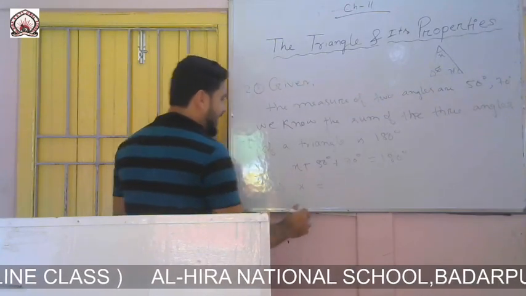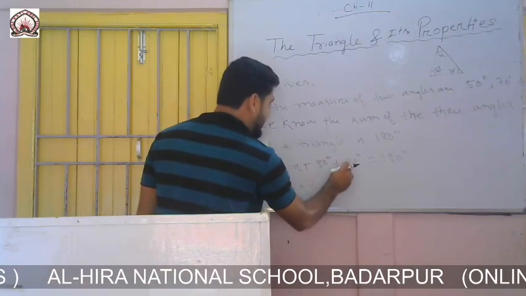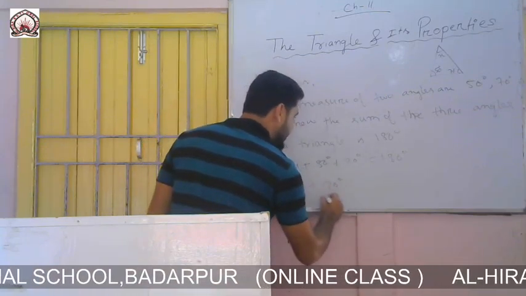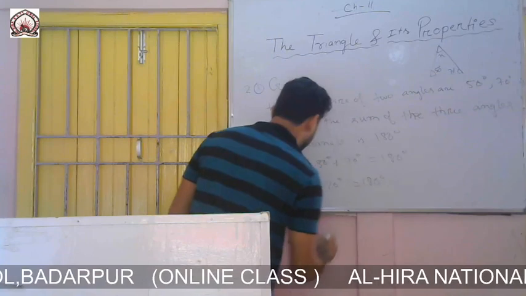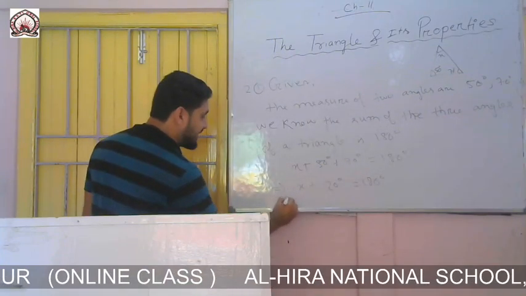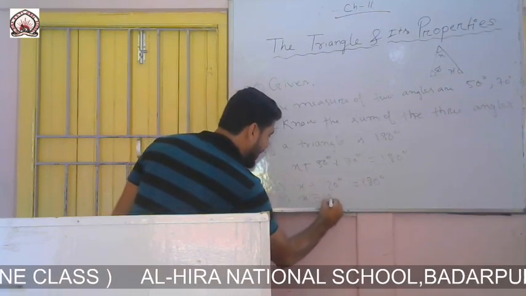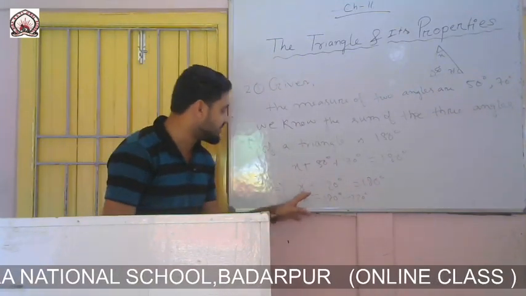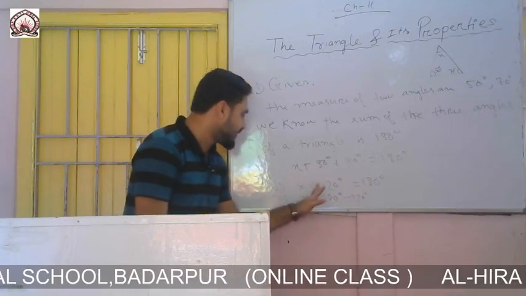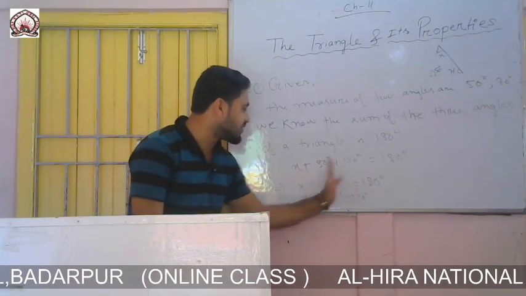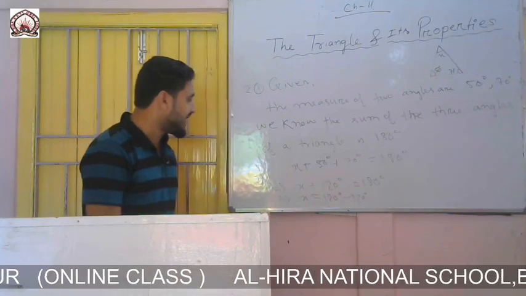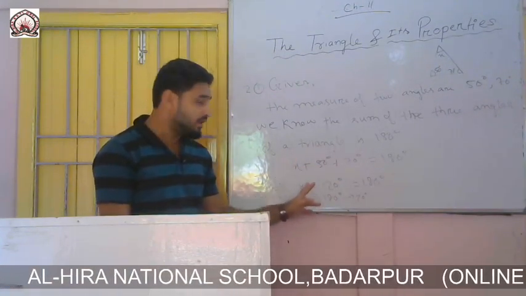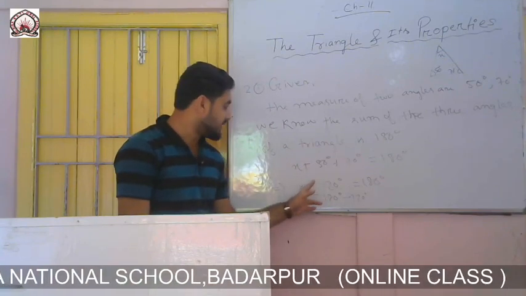So you can find the value of X. If you add, 70 plus 50 will get 120 degree. So from there we can find X equals 180 degree minus 120 degree. Why is it minus? Because I have taken it to the right side of the equal sign, so we should change the symbol.